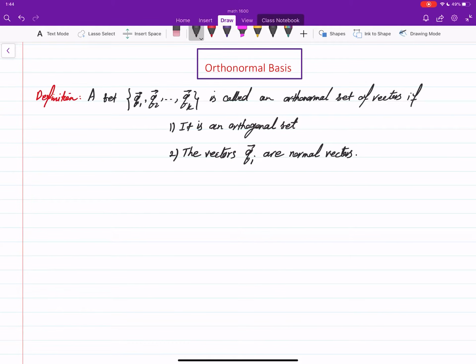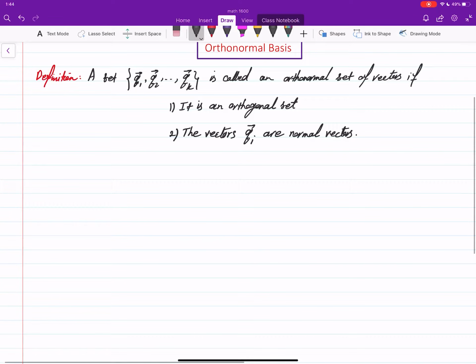Well, if I want to write these conditions, the first one means that when you dot product Qi to Qj, when i is not equal to j, you get 0. That's the orthogonal set definition. But the second condition means that the length of each one of these vectors is 1 for all i from 1 to k.